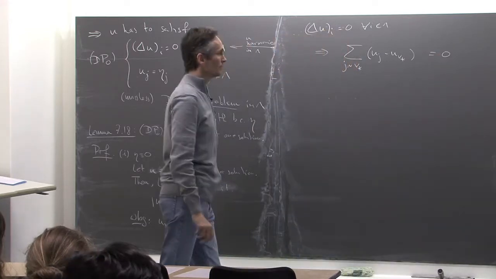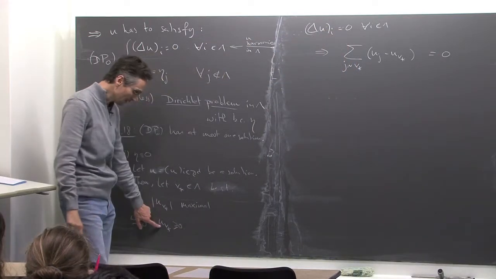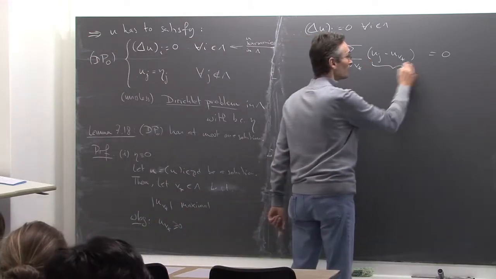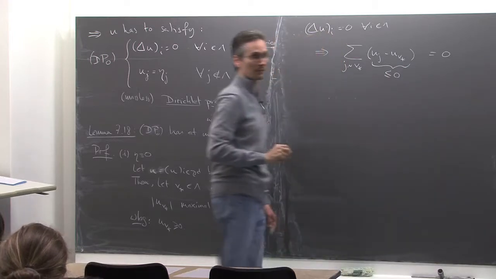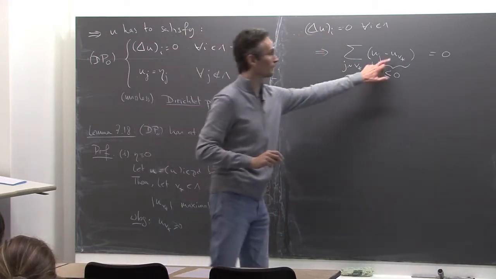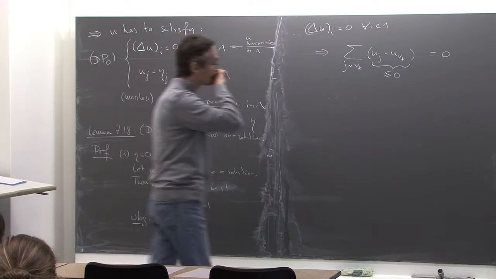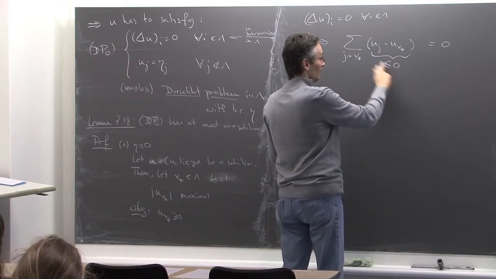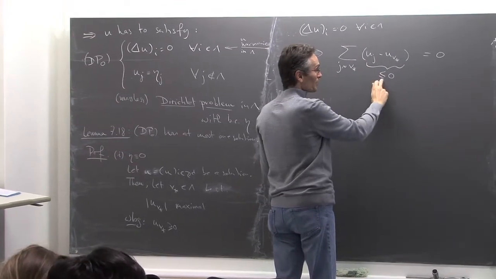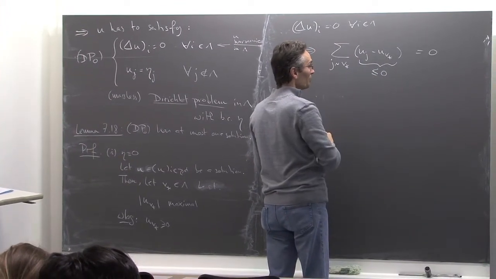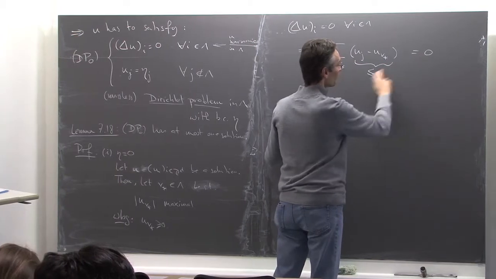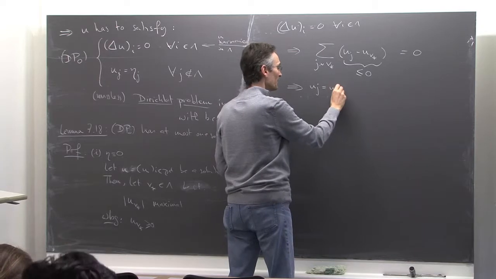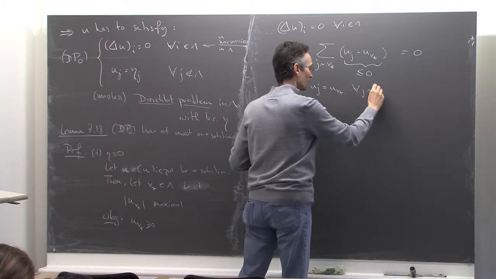But now, by assumption, u at v star is the maximal value that u takes inside the box lambda, so all these quantities are smaller or equal to 0. When I sum real numbers which are non-positive, and the sum is 0, this means that all the numbers are 0. So u_j is equal to u at v star for all j neighboring v star.